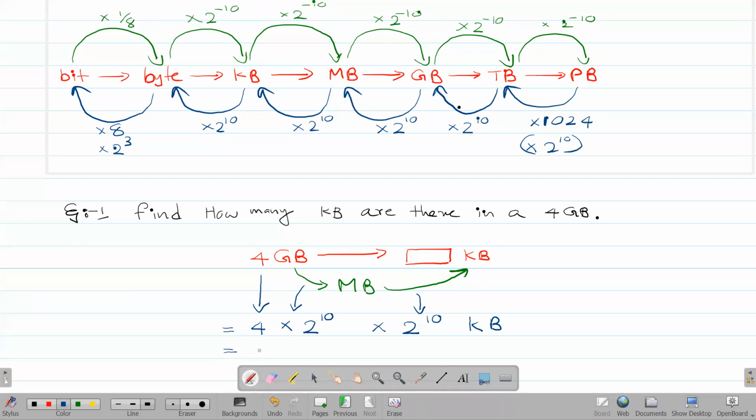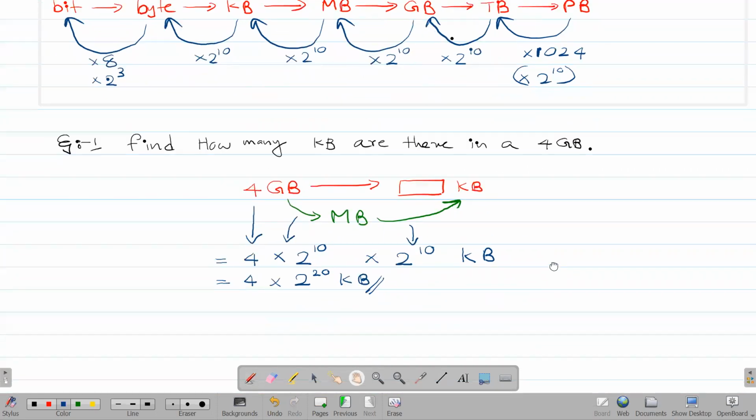So the final value can be written as 4 into, you know that when multiplication happens, these powers are going to add together. So it's going to be 2 to the power 20 kilobytes. And 4 into 2 to the power 20 can be written in different ways, people. Why is there a chance of writing it in different ways?